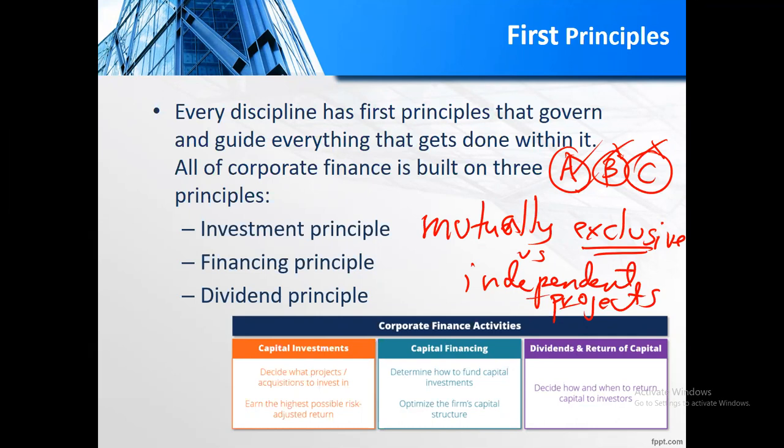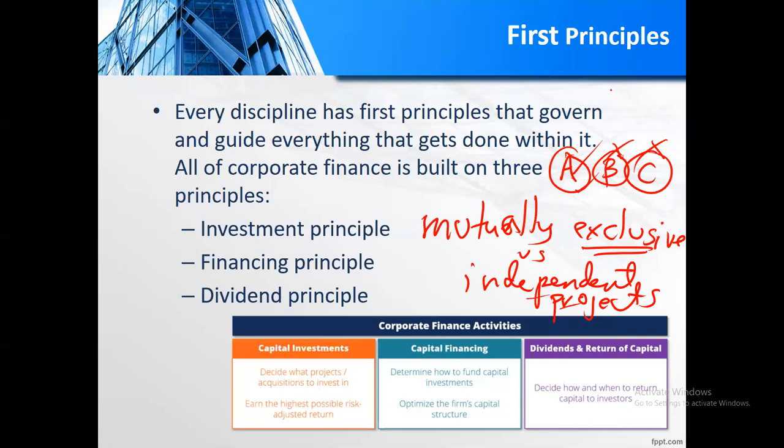Sa investment principle, guys, kapag mutually exclusive yung projects, kailangan pipiliin natin yung highest possible risk-adjusted return. Kapag independent projects naman, for as long as they meet the criteria of a particular return, then pwede nating piliin lahat, no? Ang magiging constraint lang natin doon, yung budget natin. Kunyari, ang budget, 100 million.